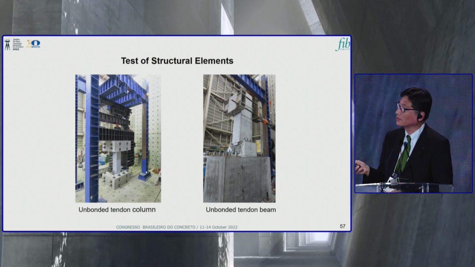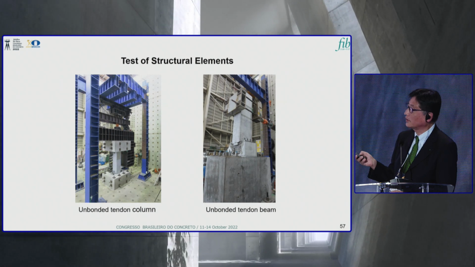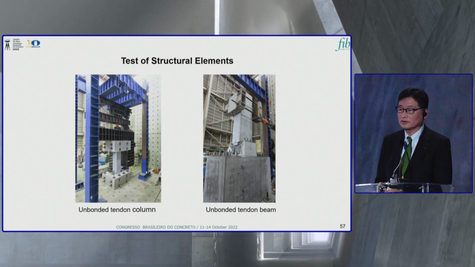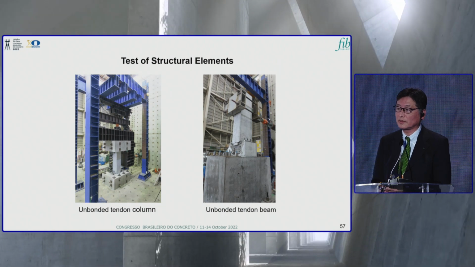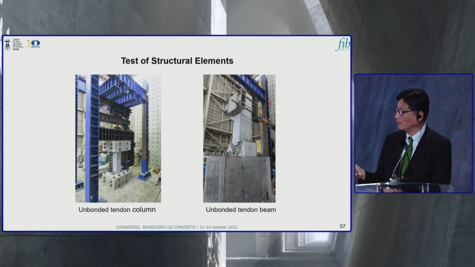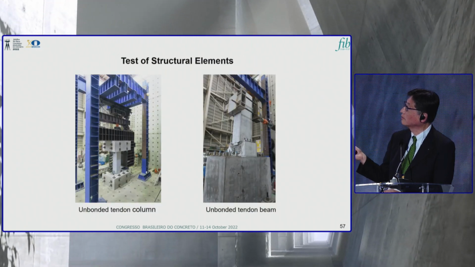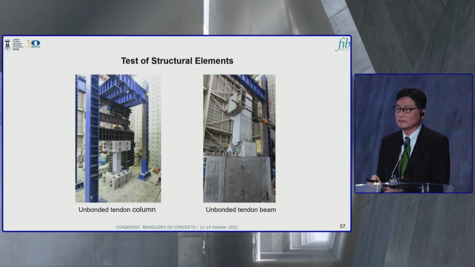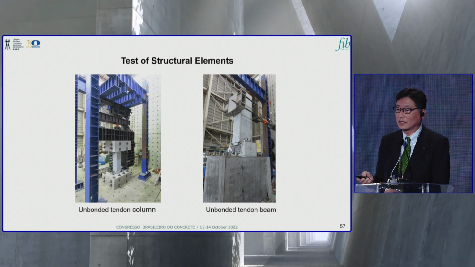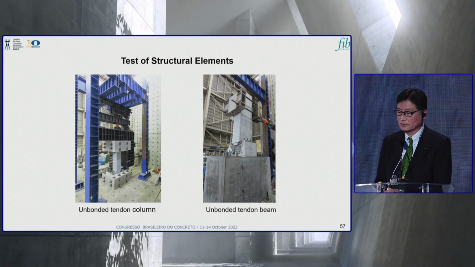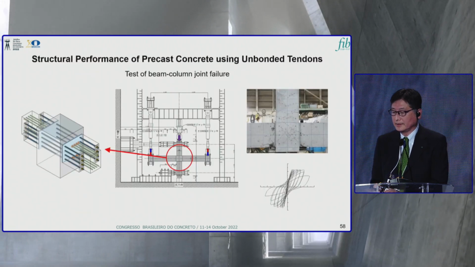This is the test of the column. This is the test of the beam. And the beam and column connection is very important to assure the performance. Sometimes we allow some cracks and some failure, but sometimes we don't allow any damage during earthquakes. So this is the performance.